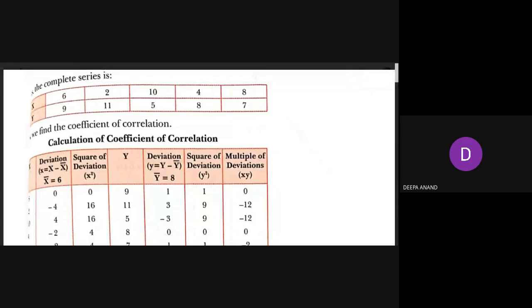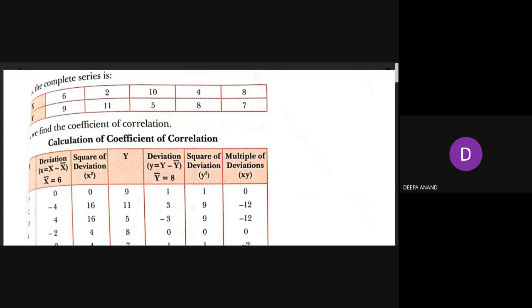First of all, draw the x column, then the deviation column, small x, that is x minus x bar. Why x bar here? X bar and y bar are given, so we are suggested to do the direct method because the mean is already given.